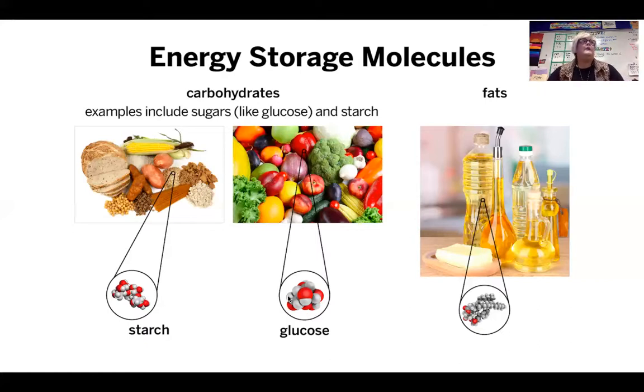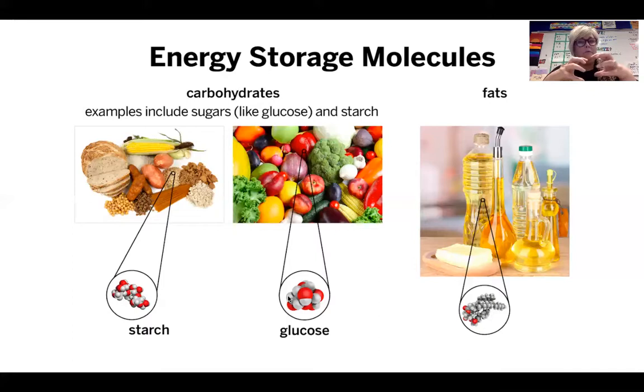Now, if you have a lot of sugar in your diet, that's the white sugar or the refined sugar, high fructose corn syrup, the molecular structure for those foods are different, and it's a little bit harder for our bodies to break those down.